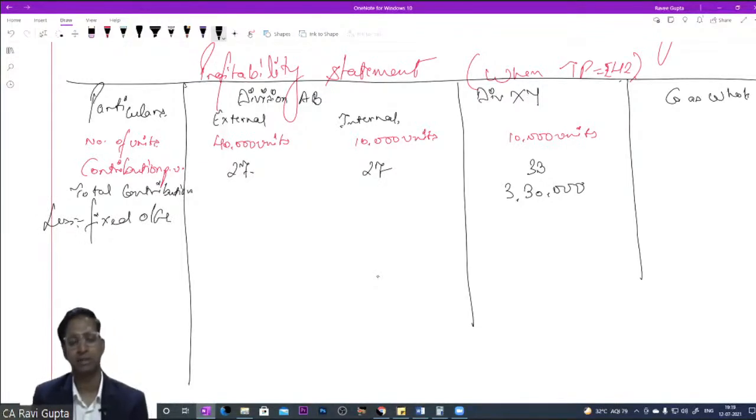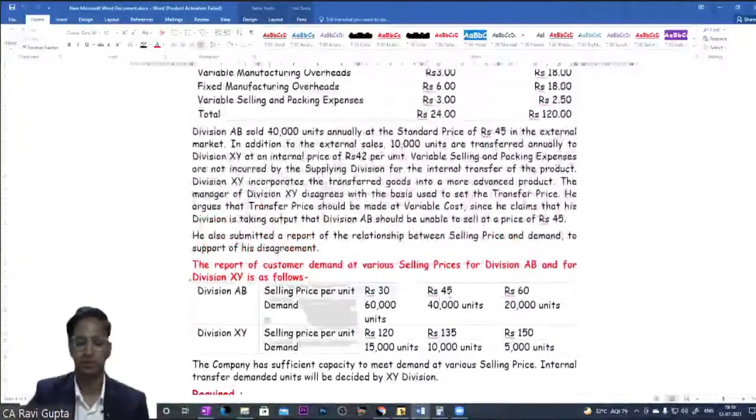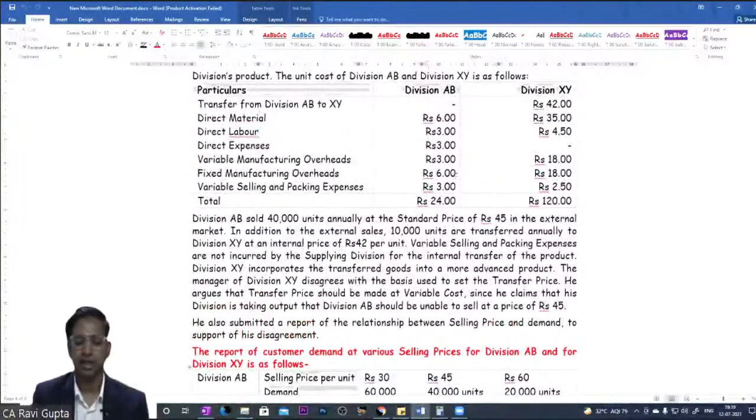Fixed overhead has been given, and we are going to calculate it now. The question is saying 6 rupees per unit is the absorbed overhead of division AB.